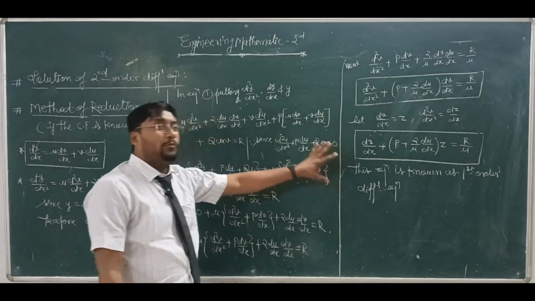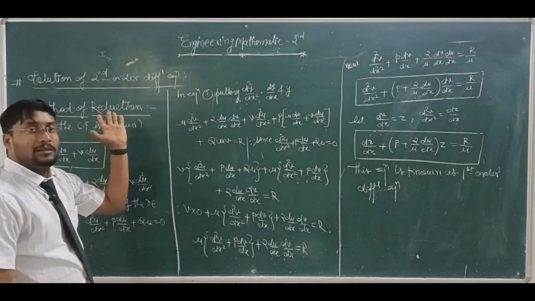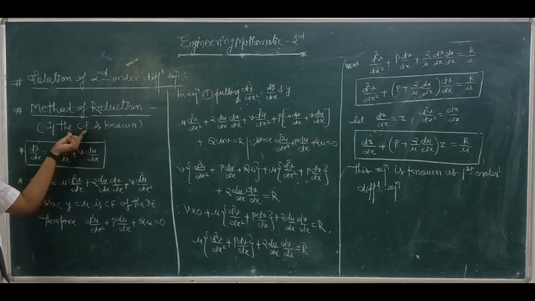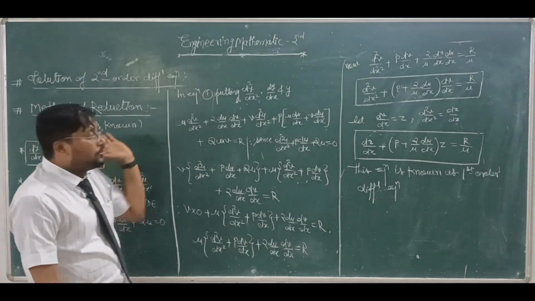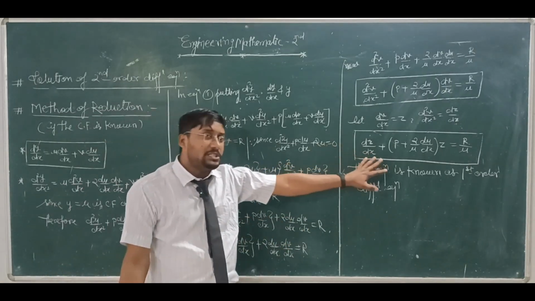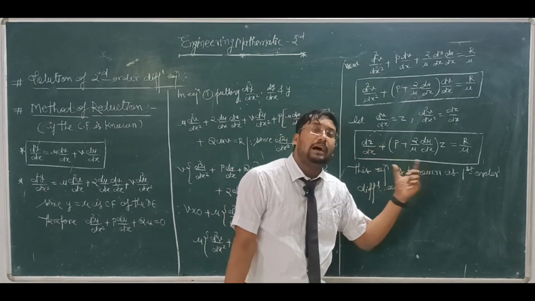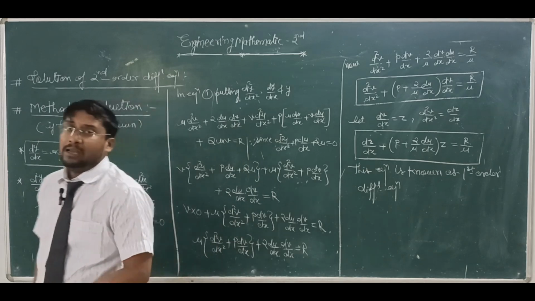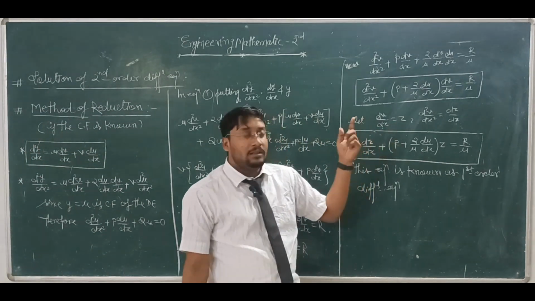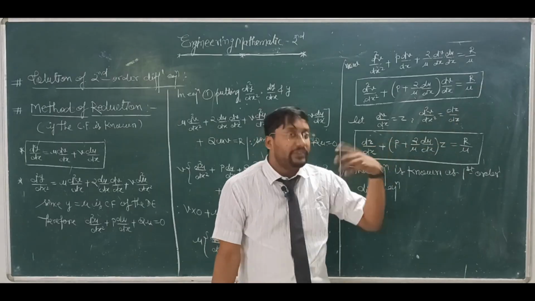Now, I am removing the second order differential equation. Now you convert it to a first order linear differential equation. The solution of this equation is, first of all, find the IF. And now again put all the values of z and v.